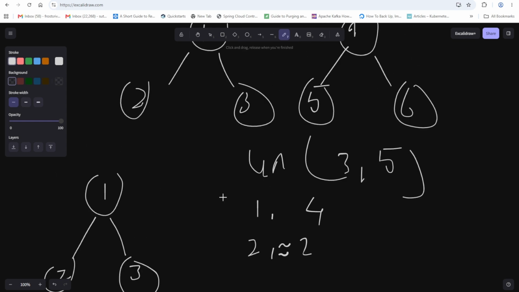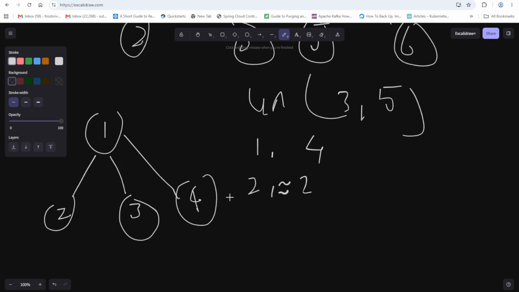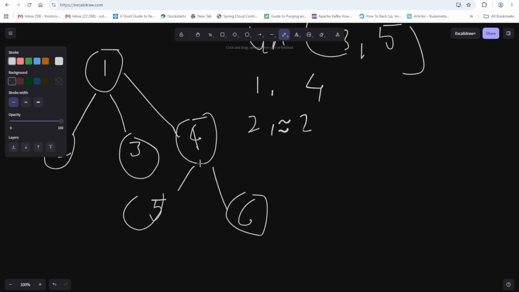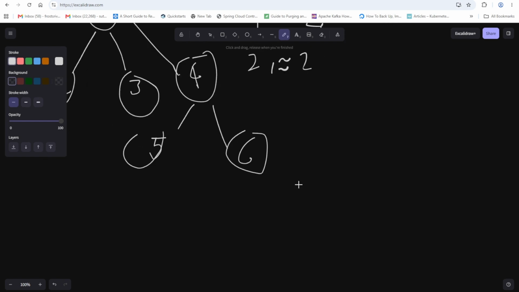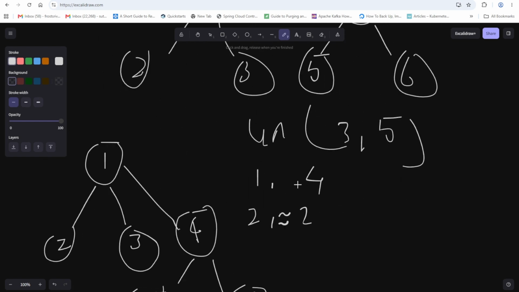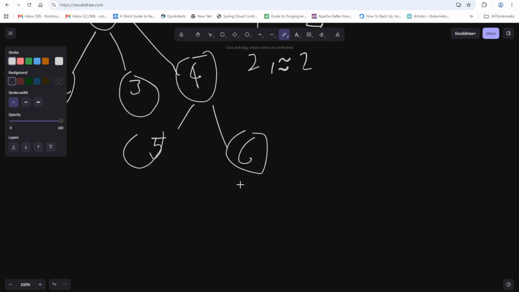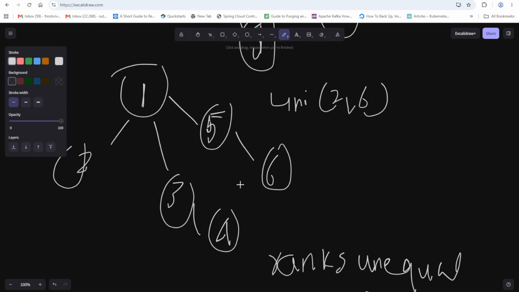Now if we attach 4 to 1, we will see that 4 will be here something like this, and this will be 5, and this will be 6. So we can see that in the case of equal ranks, the rank increases. This is a simple short form, like union by rank. Yes, so now move to our previous question, what we were doing.